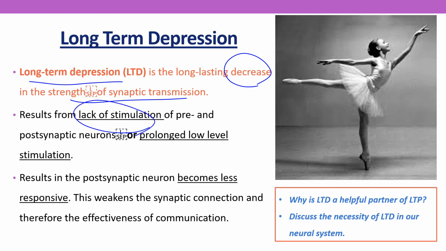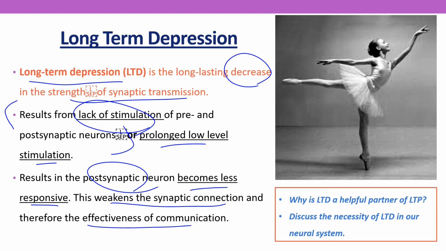Or we have had prolonged low-level stimulation. I wouldn't worry too much about this. I would more talk about the lack of stimulation, okay? So we haven't stimulated pre and postsynaptic neurons in that particular neural circuit, okay? And what actually happens is the postsynaptic neuron becomes less responsive, okay? And this means the synaptic connection is weaker. Again, what that means is that there's less effective communication, okay?